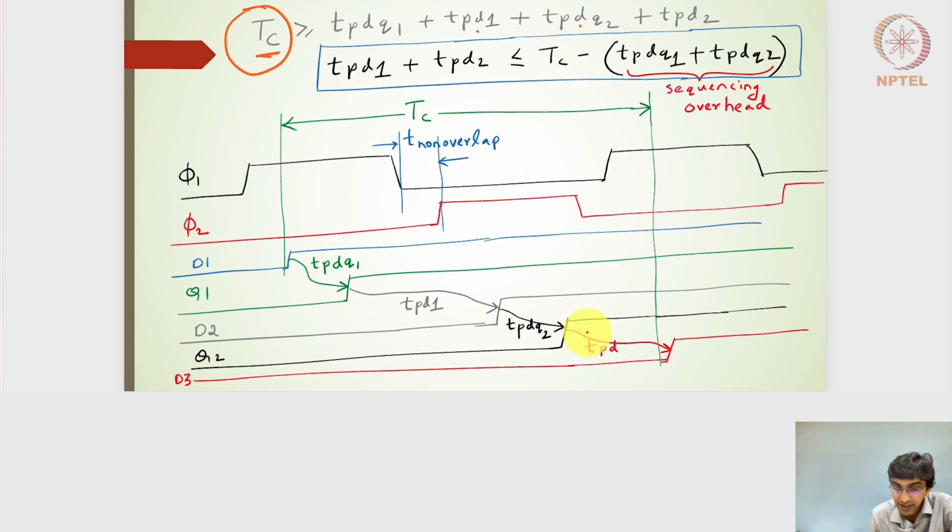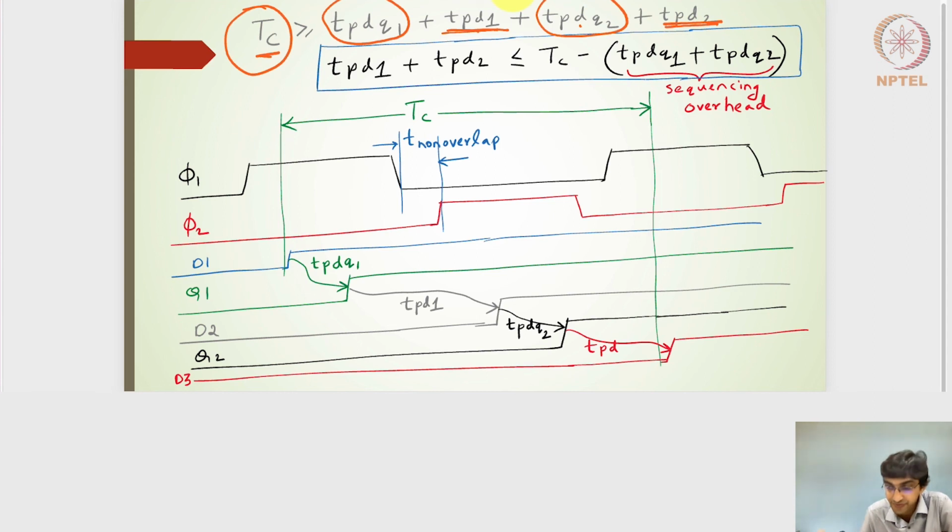Looking at this equation, we can easily say that the propagation delay of this plus this should be less than TC minus the TPDQ of both the latches L1 and L2, which is characterized by the latch design. So we don't have much control here.